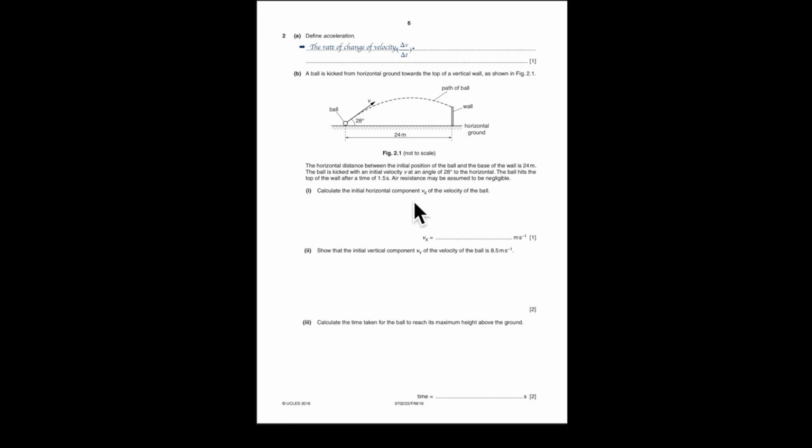Calculate the horizontal component vx of the velocity of the ball. We have to find the horizontal component of the initial velocity. We already have the time taken equal to 1.5 seconds, and the horizontal displacement is 24 meter.